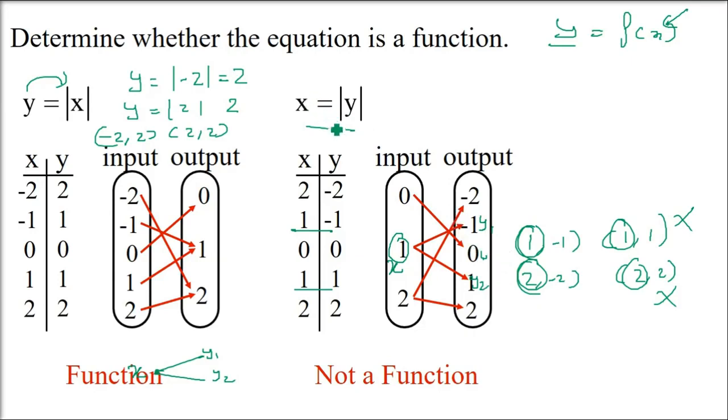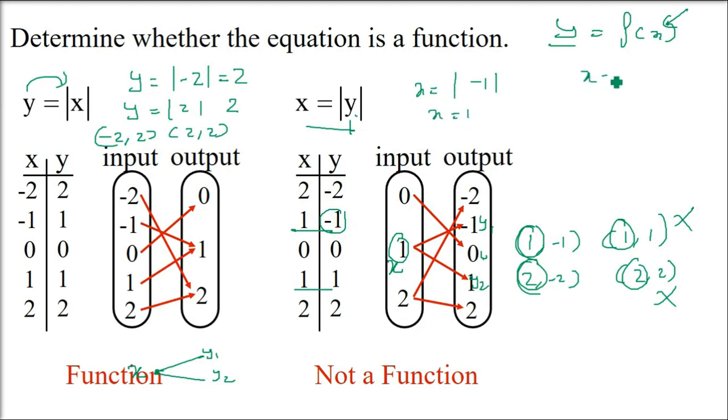Okay? I hope you got the idea. Though y is equal to mod x and x equal to mod y look exactly the same, just by changing the position, because y equals f(x), things change. Let me just reiterate it. If I put y as -1, what do you get? X as 1.